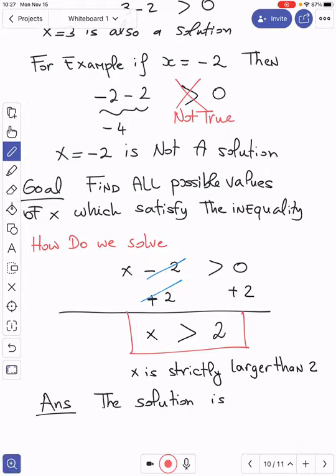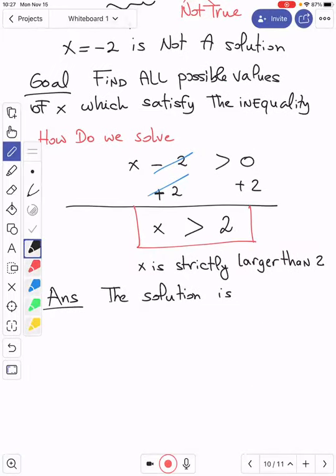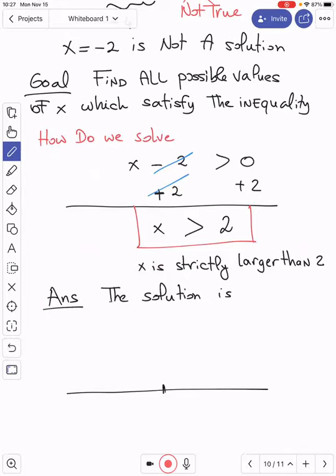On your number line, here is x equal to 2, and x must be larger than positive 2, so that will be the right side of 2.